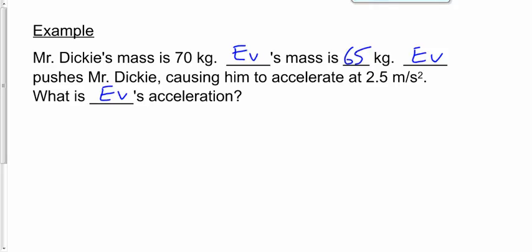Well, we know that if object A applies a force on object B, then object B applies an equal and opposite force on object A. Let's sub in M times A for those two forces.